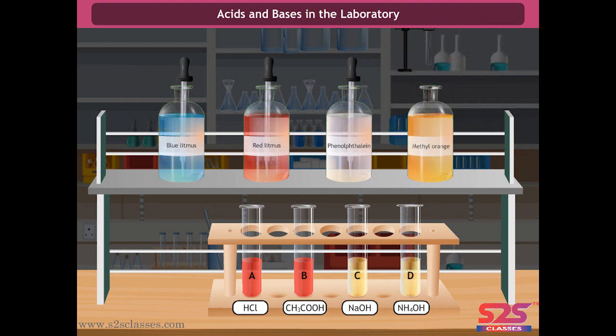You will observe that the test tubes A and B give red with methyl orange, but test tubes C and D give yellow color with methyl orange.